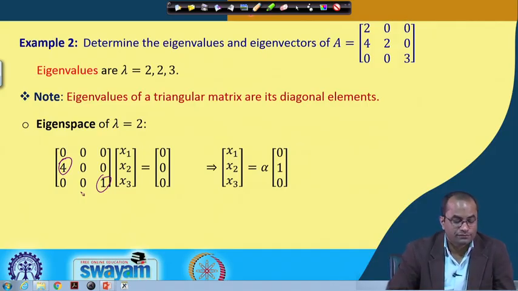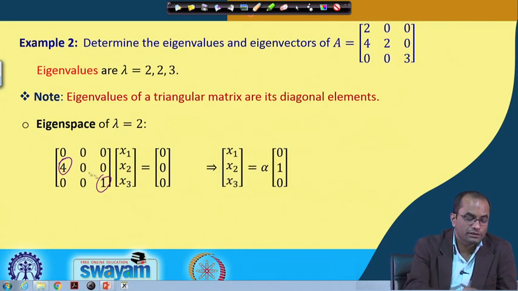The first column will have a pivot, and the third column has a pivot, and this x 2 is going to be the free variable.